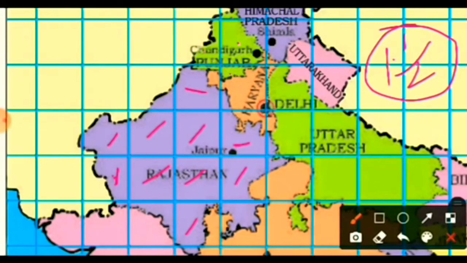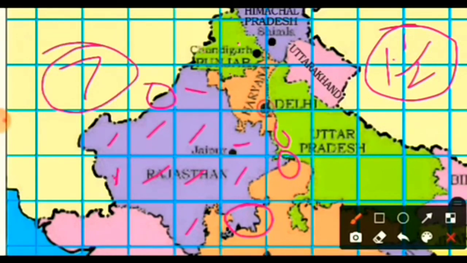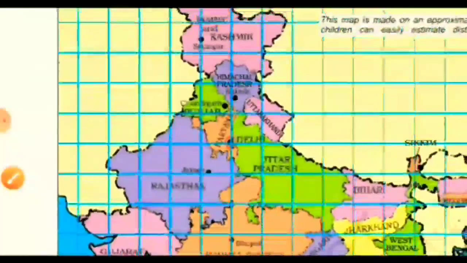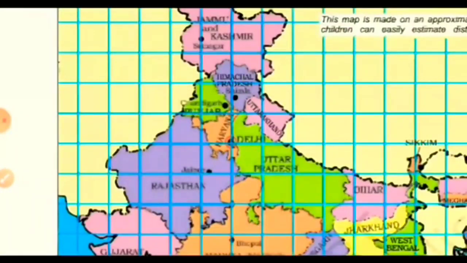Okay, so total how many squares are there? 7 squares are there, and there are remaining little parts, but we can write it as 7 or 8 times bigger than Punjab. Okay, Rajasthan is 7 to 8 times bigger than Punjab.